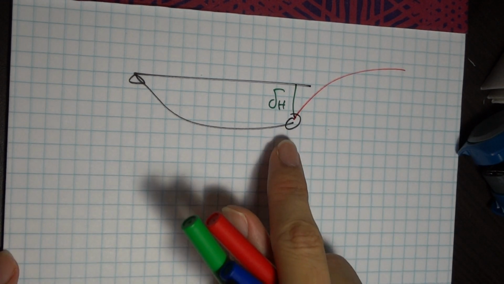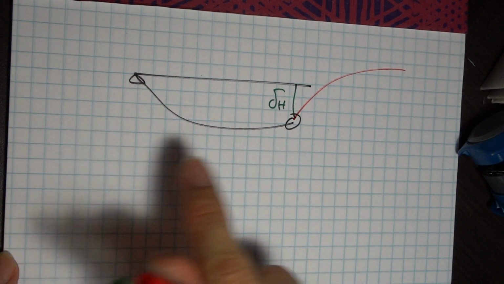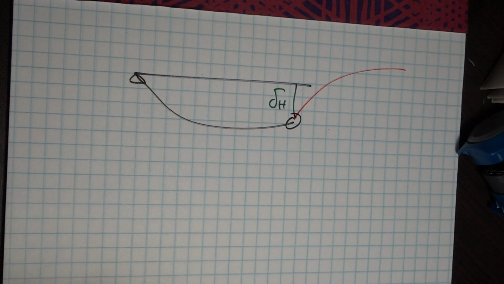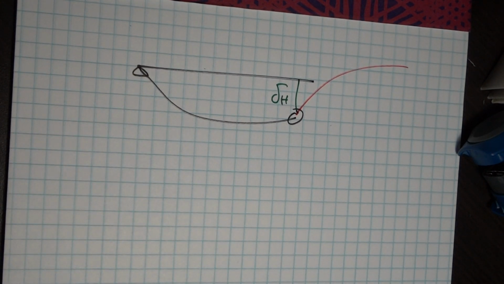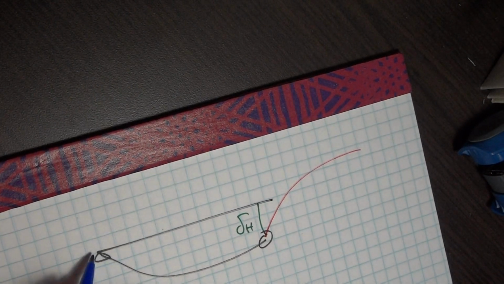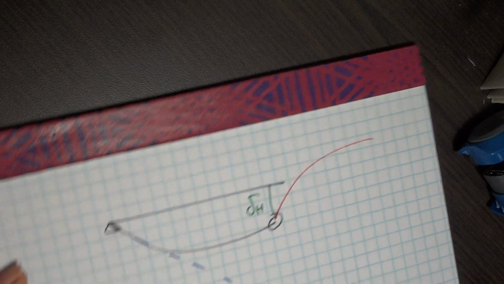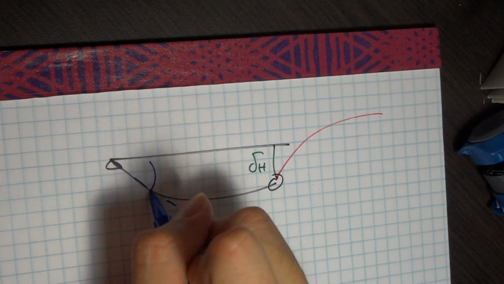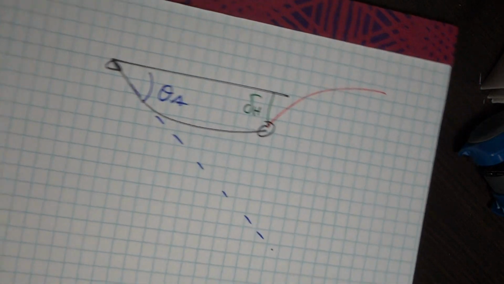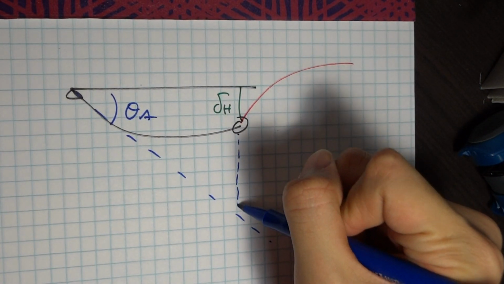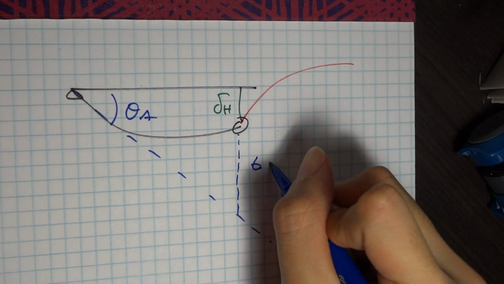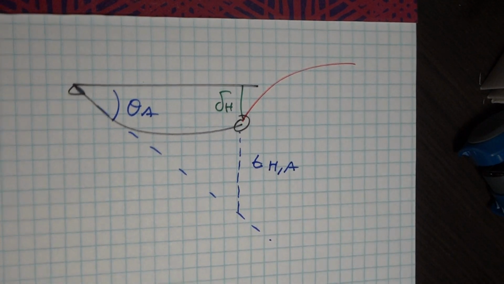In order for me to find the angle here, I need to know the angle somewhere else. I can get the angle here fairly easily. Right, this angle is theta A. This length is tHA.